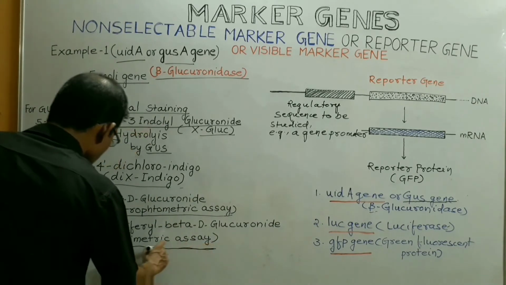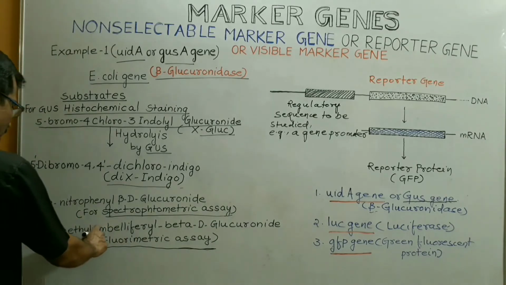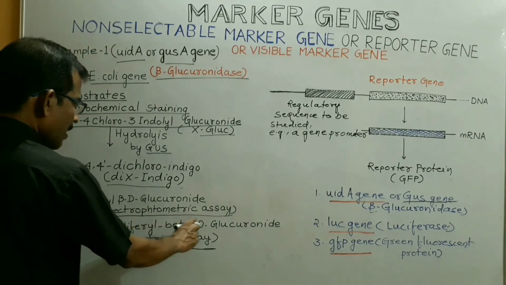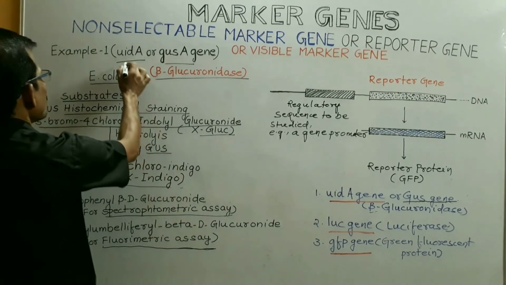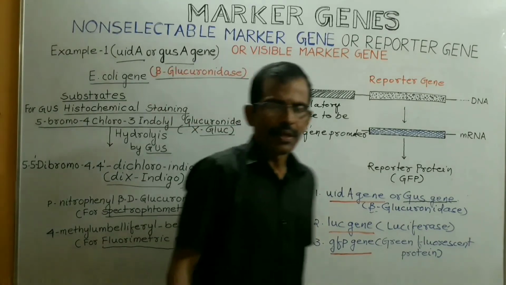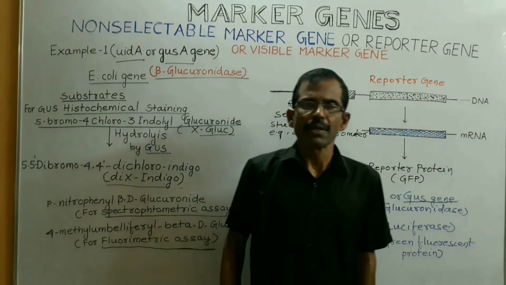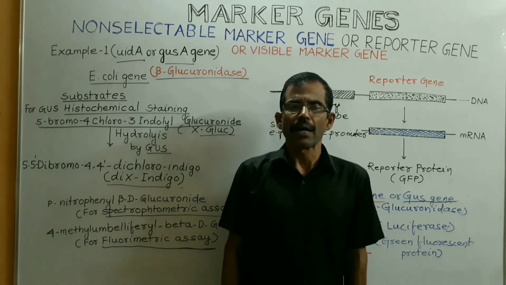For the fluorimetric assay, the substrate is 4-methylumbelliferyl beta-D-glucuronide. So this is about the UIDA or GUSA gene system, the most widely used reporter gene in plants.